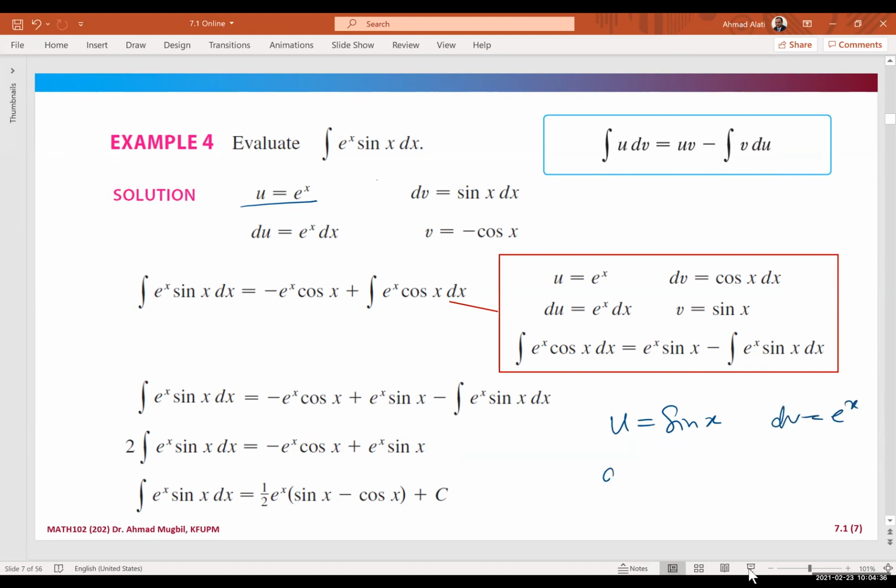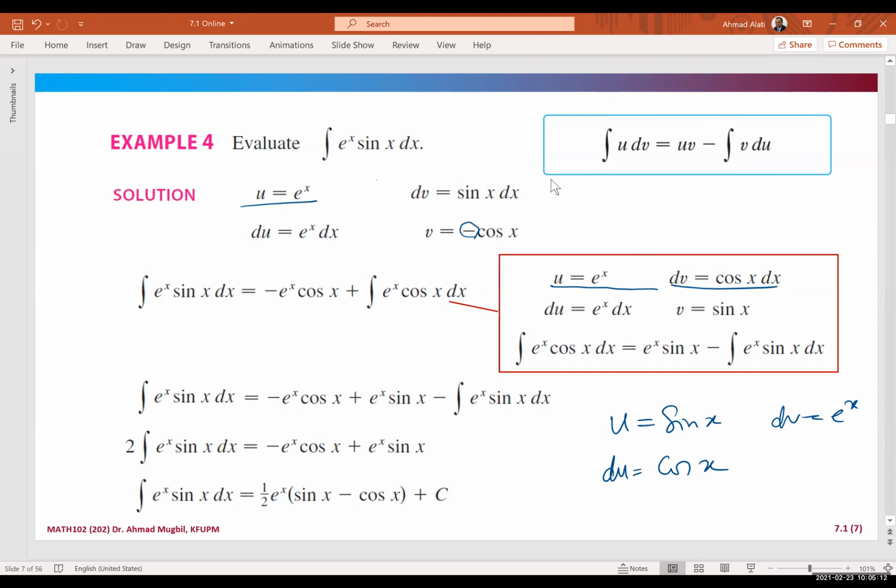Why? Because you know from Math 101 how to differentiate easily: the derivative of cosine is negative sine. I have noticed that some students forget the negative and positive signs when they integrate, but when they differentiate, they still remember them. So I think it will be clearer if you put u equal to sine, but the answer is the same. Please try to apply this way or that way. The answer at the end is the same, so it is not that important.